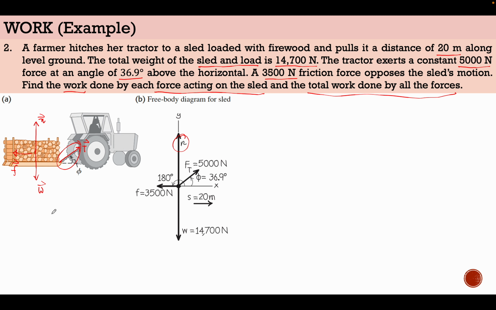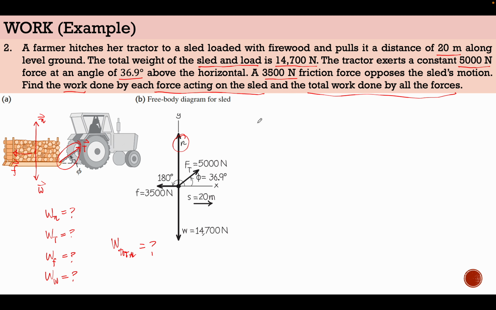Now, we need to find the work done by the normal force, the work done by the tension force, the work done by the friction force, and the work done by the weight, because we are asked to solve for the work done by each of the forces acting on the sled. And after we get the work done by each of the forces, we need to solve for the total work done by all of the forces.